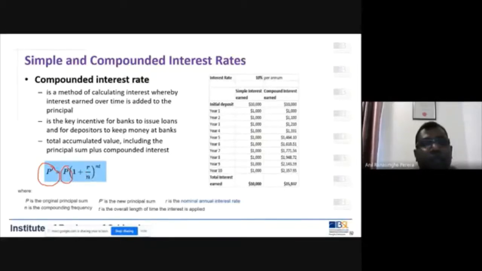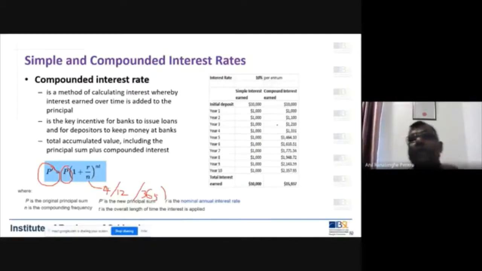N means the number of compounding frequency. So if you have, let's say, 3 months or quarterly, that is basically 4. If it is monthly, your compounding frequency is 12. If it is daily, it's 365. Likewise. T is basically the time period, the overall length of the interest.